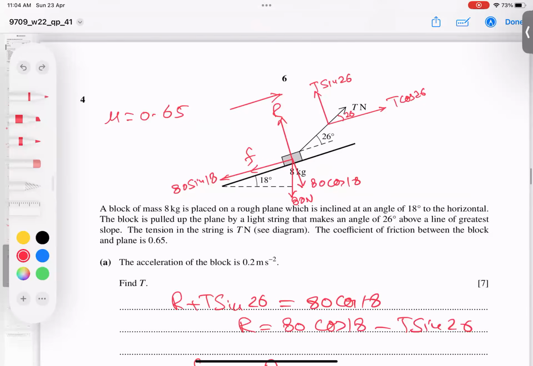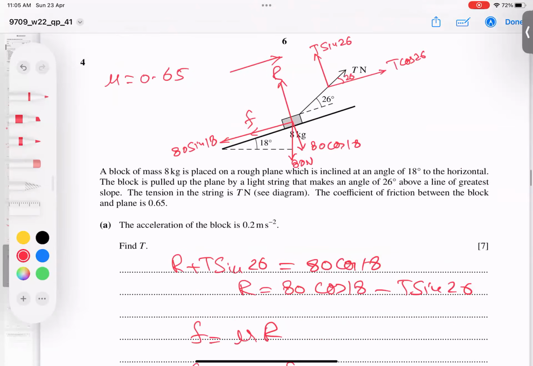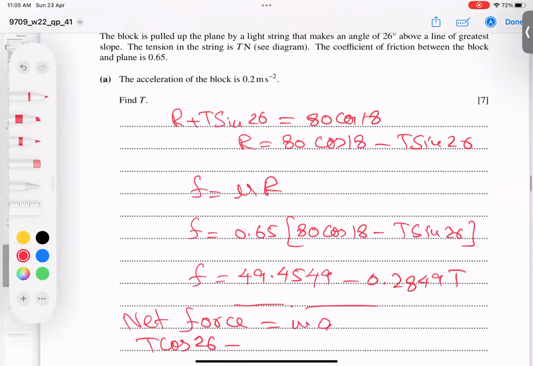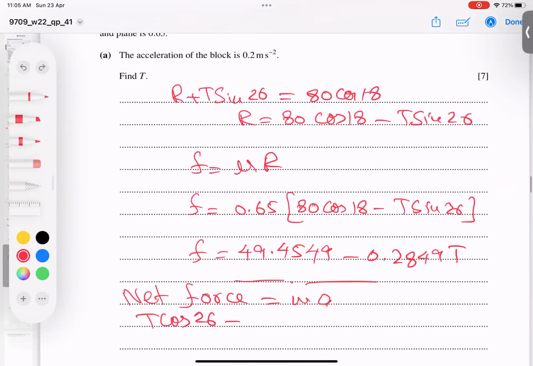Now that's the first part, perpendicular to the surface. Now I'll talk about parallel to the surface, because the system is going upward. So I will start my formula from here. The formula, all of you know it: net force equals ma. So T cos 26 upwards, and minus friction because it acts downwards.